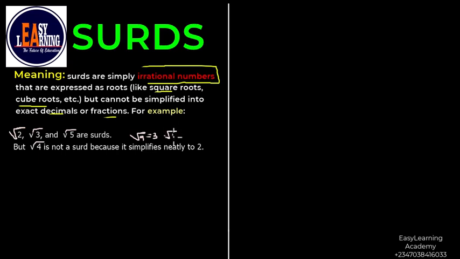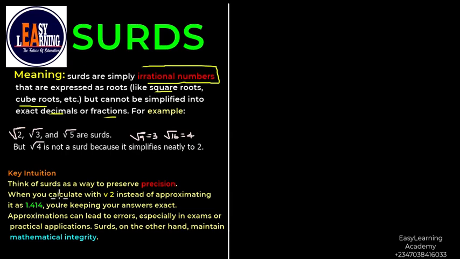The square root of 16 is not a surd because we can simplify it neatly and have the exact answer: 4. So surds are simply irrational numbers that are expressed as roots. This root can be a square root, a cube root, etc., but cannot be simplified into an exact decimal or fraction.